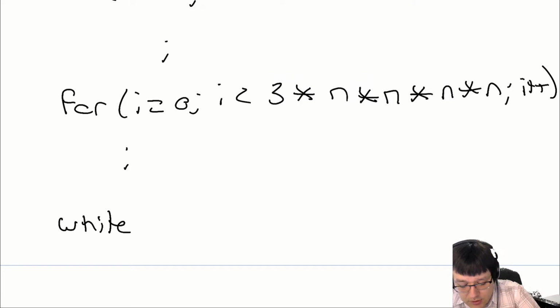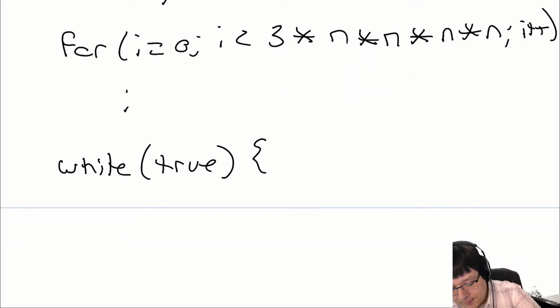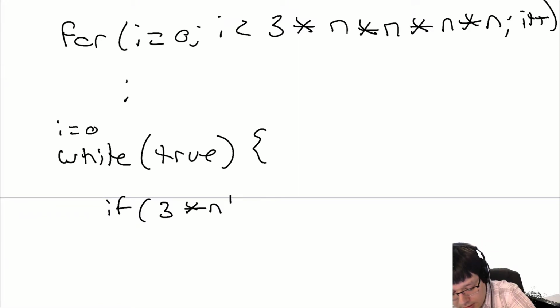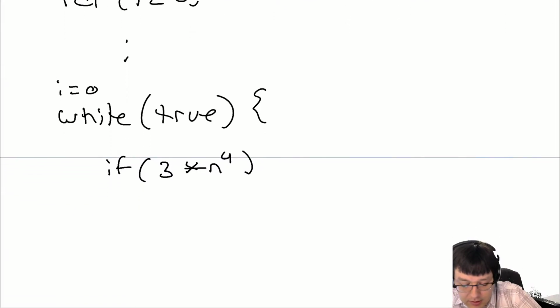But essentially what you do is just make it into an infinite loop that's just basically running while true. And then you write an if statement here that is what is in your loop thing there. Also start by declaring a variable, so declare i equal to 0, and then copy and paste the if 3. I'm just going to shorthand and say n to the 4th here, but you know what I mean. Then you put a break statement here, and that's basically your recursive case.